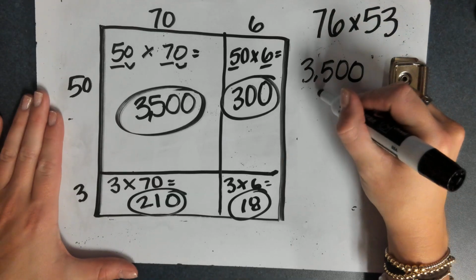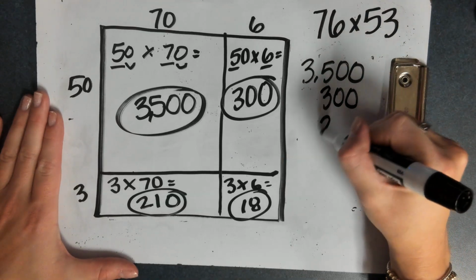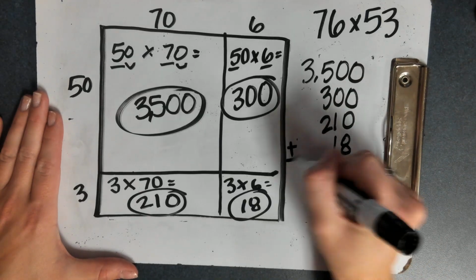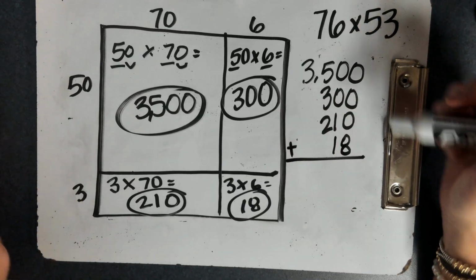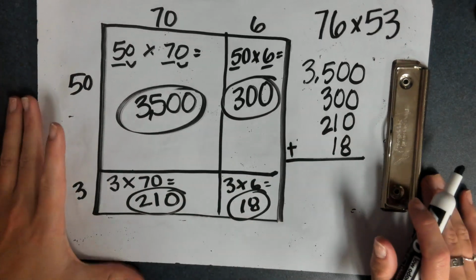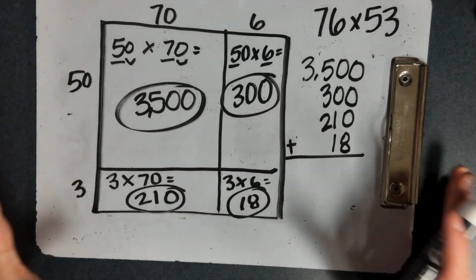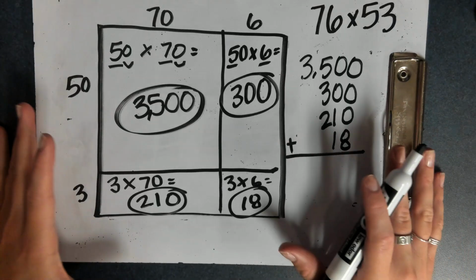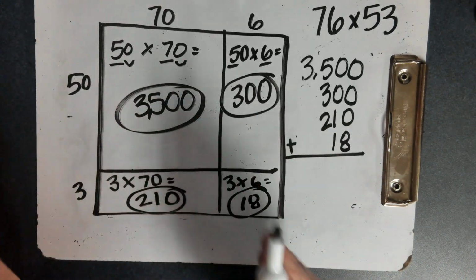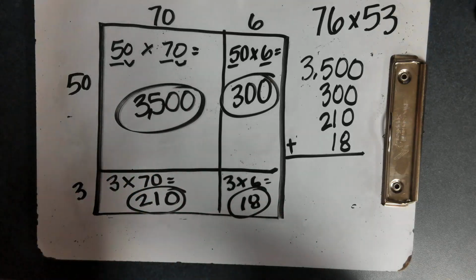And I will even have some students move to standard algorithm during this school year. However, I've noticed in the past that area model is almost a flawless strategy. And if I can get a group of 4th graders to multiply perfectly every time, even if it is something like this, I'm going to do this.